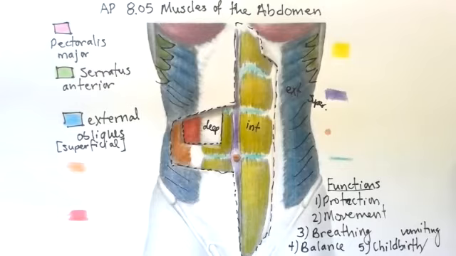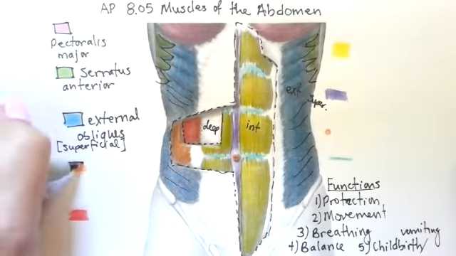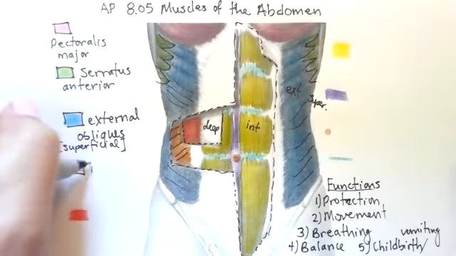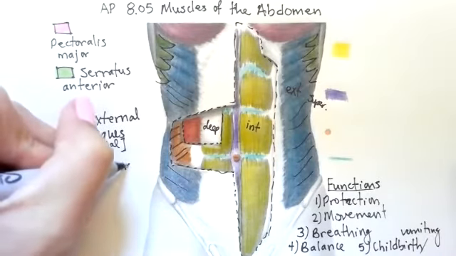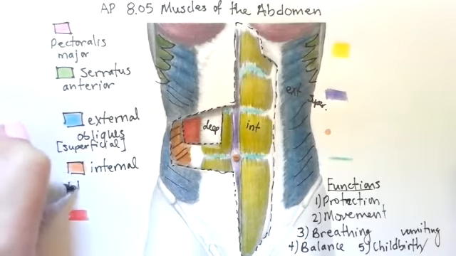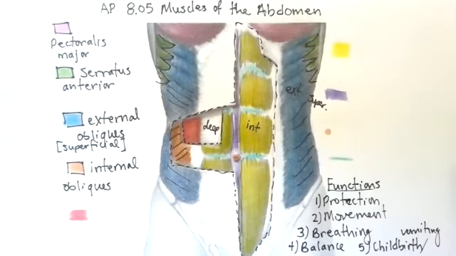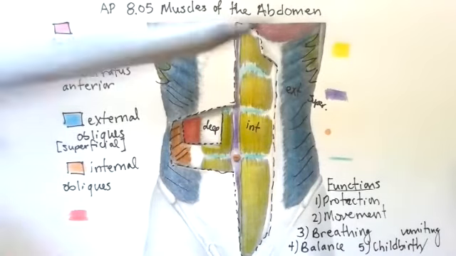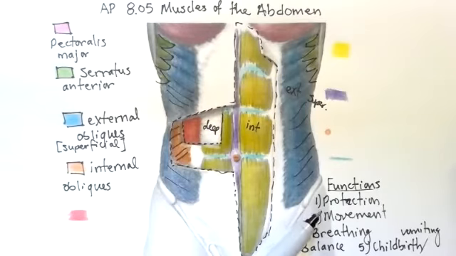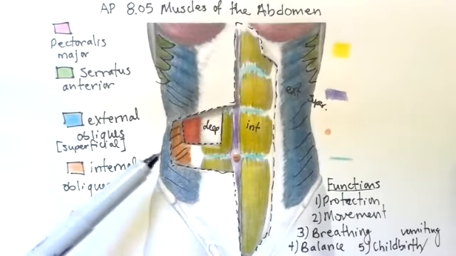We have two major muscle groups in the intermediate layer, the orange and the yellow. And you can see the yellow is by far the largest, but let's talk about the orange first. The muscle direction here goes 90 degrees to the external. These are the internal obliques. We talked about the fact that we use these for protection and for strength.